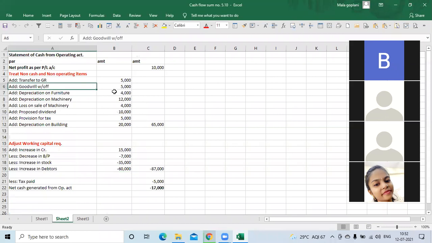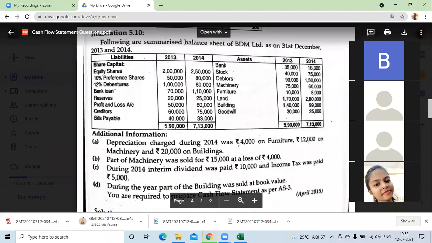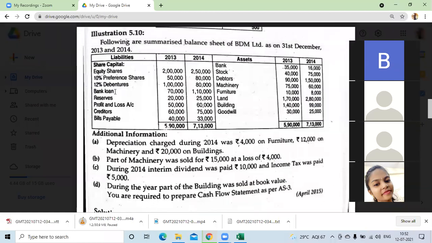Then you need to write add goodwill written off because it is a non-cash expense, and here expenses are to be added. Write down add goodwill written off. How much is it? 5,000, but without bracket. Done.